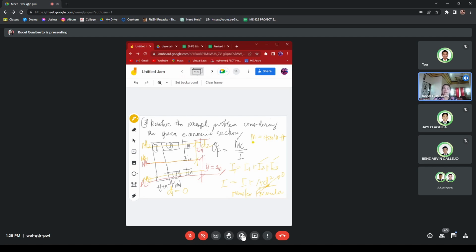So you may convert this M value of 4,500 pound feet to pound inches, so that you would have the same unit as the other dimensions.